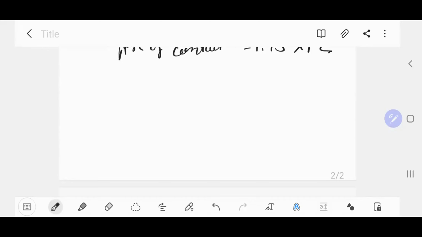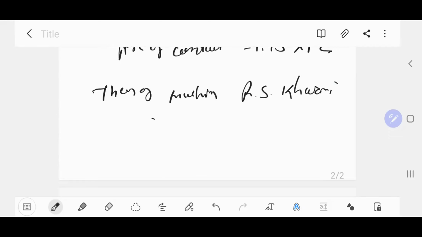I generally prefer Theory of Machines by R.S. Khurmi. Or the other book, by S.S. Ratan, is a little bit difficult.